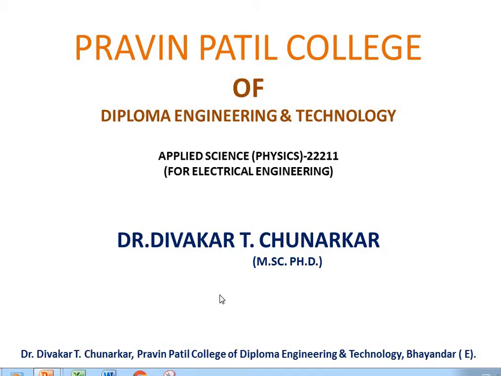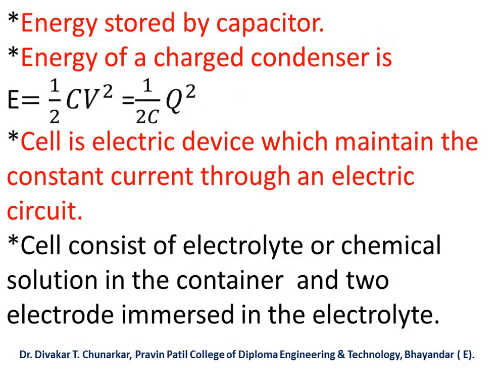Good morning, everybody. Last time we derived the equations for the parallel combination and series combination of capacitance. In the case of series capacitance, the equation of equivalent capacitance is 1 upon Cs equal to 1 upon C1 plus 1 upon C2 plus 1 upon C3.